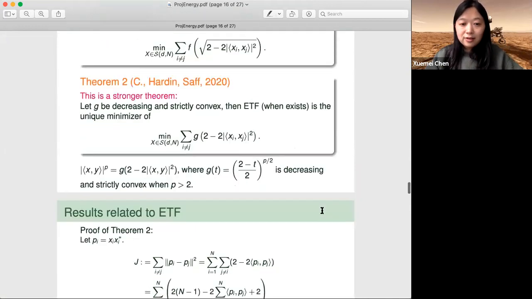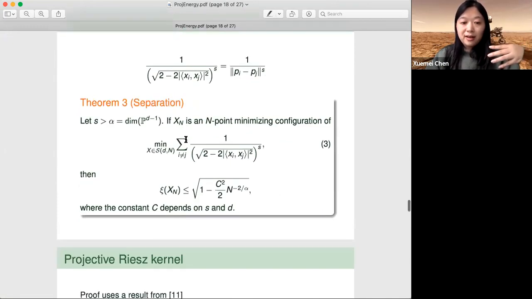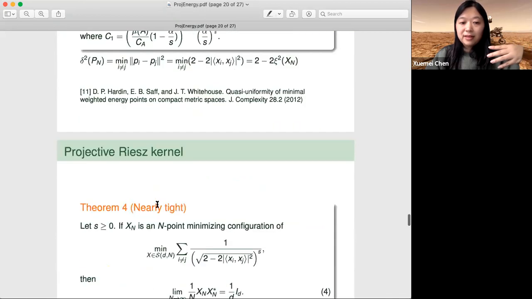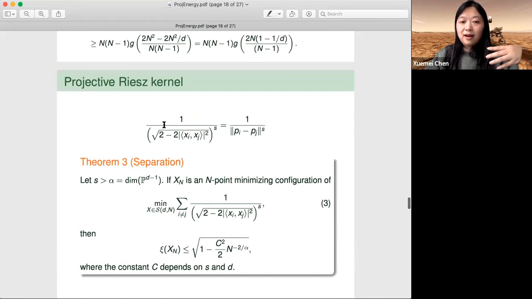For the later results, more like the goal of the talk, when there's separation and near tightness, I'm only focusing on one very particular kind of energy, which, like I said, is convex, but it's even much nicer than that.